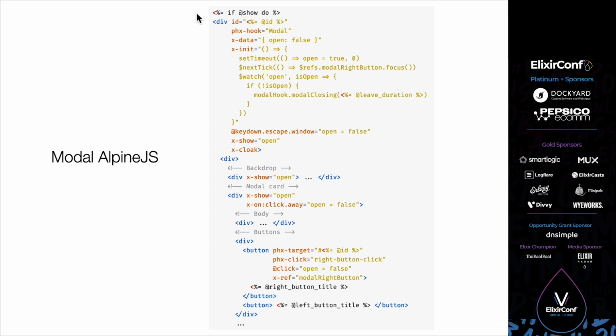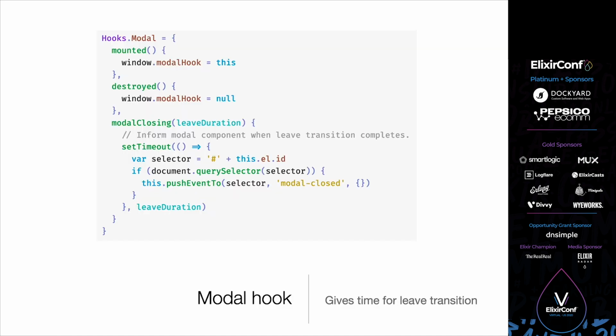We could use a LiveView show assign to conditionally add and remove the modal from the DOM. The challenge with this is that when we remove it from the DOM, the leave transitions don't have any time to complete. The trick for handling this is to use a hook that defines a function that, when called, is passed the leave duration and sets a timeout.